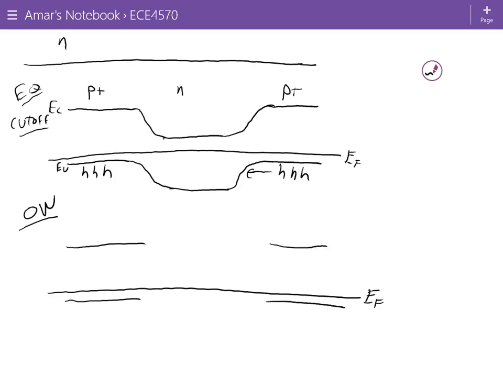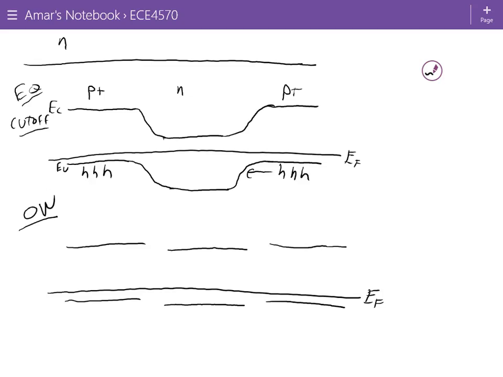Now, the way it's going to look in the middle is it's not going to be P plus, so it's going to be P-type. So the valence band will be something like this. The conduction band will be something like this. Notice that the Fermi level is closer to the valence band, so it's still P-type, but it's not P plus. P plus means very highly doped.